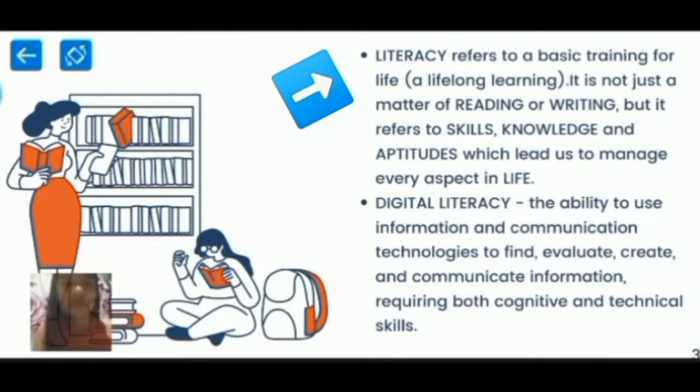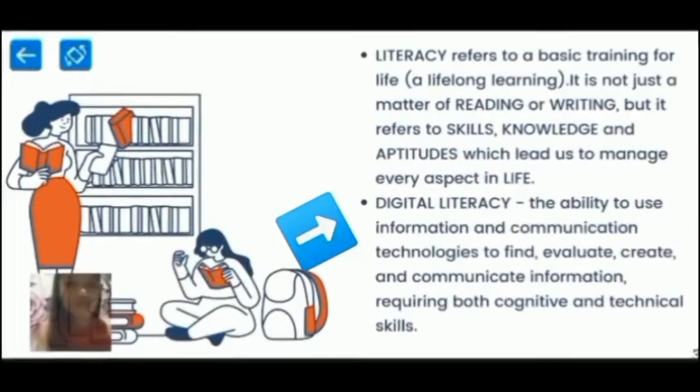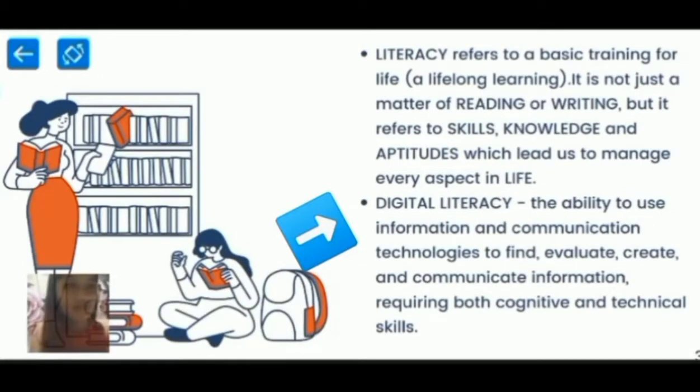Pero, pag idugang na to ang word nga cyber or digital, for it the terms encompasses much more. The question is, unsa ang cyber or digital literacy? Digital literacy defines as the ability to use information and communication technologies to find, evaluate, create, and communicate information requiring both cognitive and technical skills.